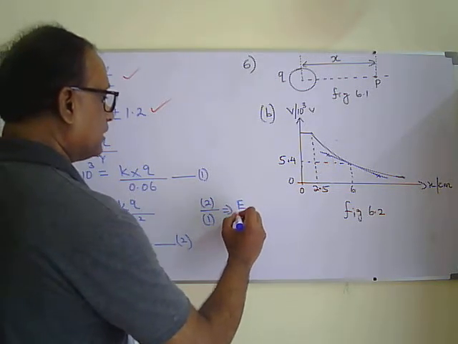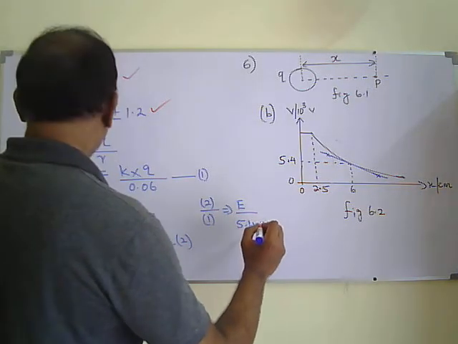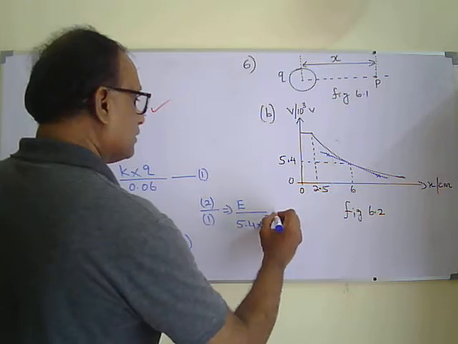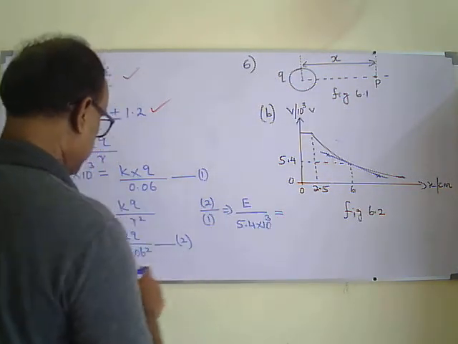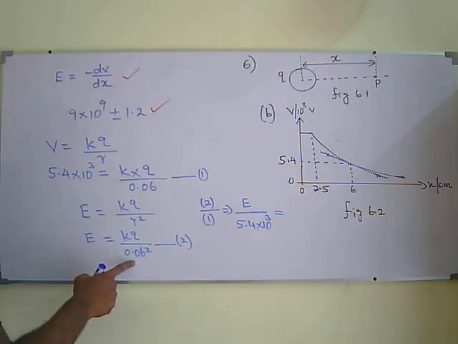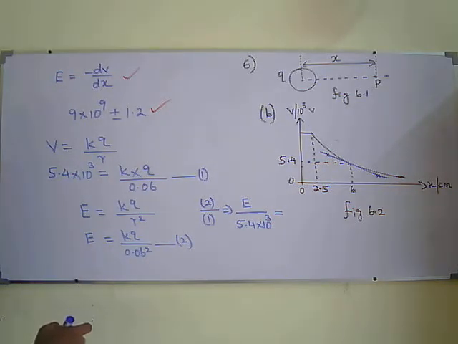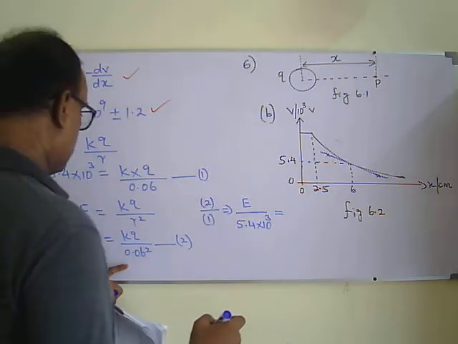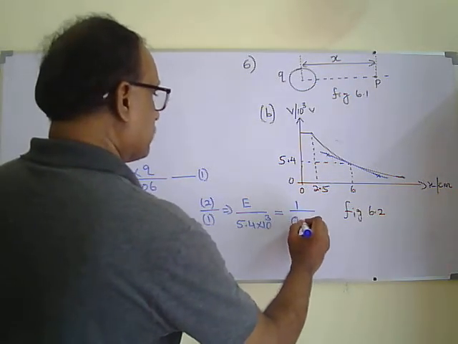That is E over 5.4 times 10 to the power 3 equals KQ over 0.06 squared divided by KQ over 0.06. KQ and KQ will get cancelled. So finally, I'm dividing 2 by 1, so you'll get 1 over 0.06.